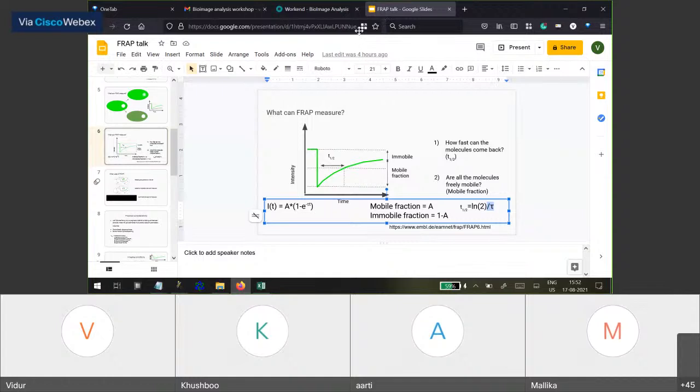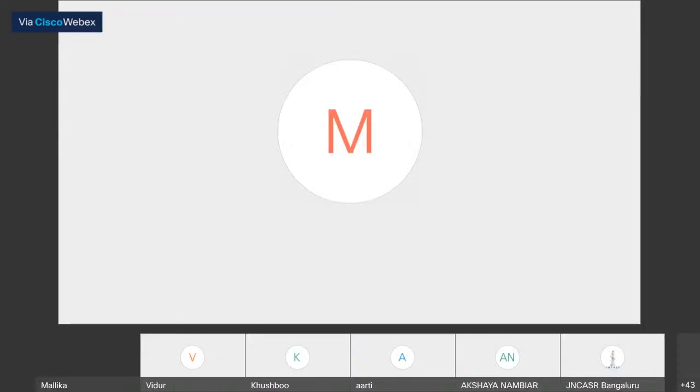Before we go for the doubt solving, maybe some of the participants can volunteer to show their graph. Can someone please share their screen and show the graph if you have got it?